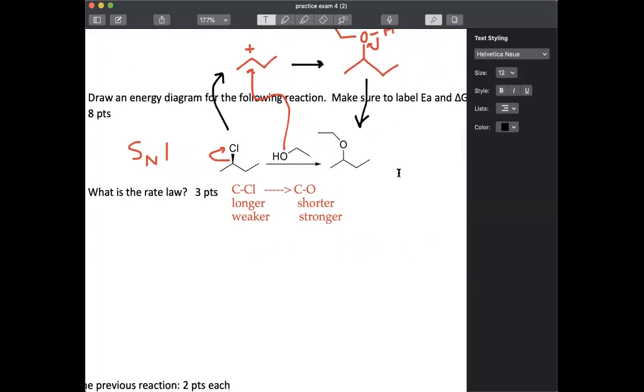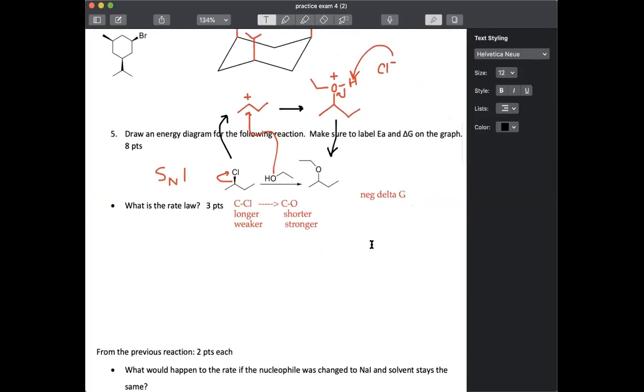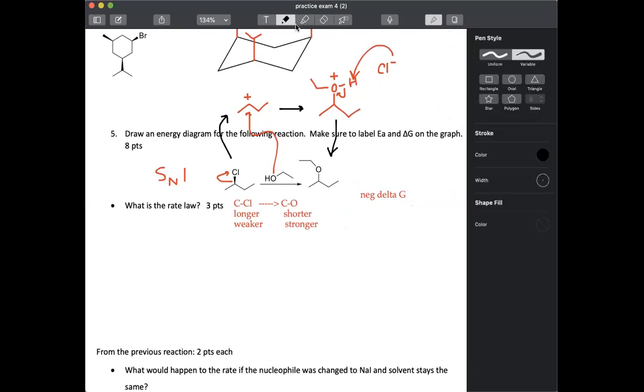So negative delta G, right? So now we just figured out how to draw our energy diagram, okay? So let me draw it real quick. Right.